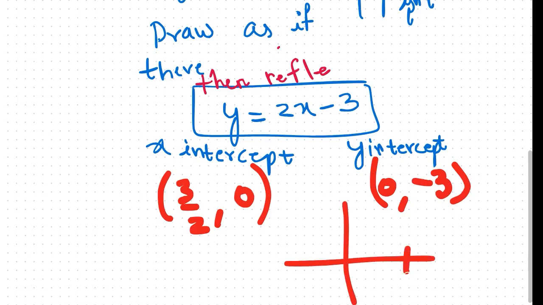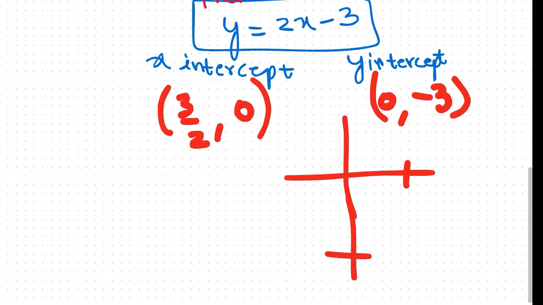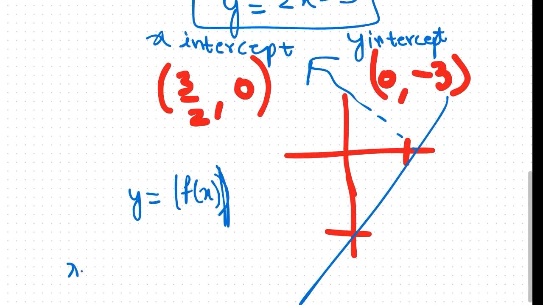If you plot these two points on the graph, a straight line looks like this. And y equal to the absolute value of f of x means I have to take the reflection along the x-axis.